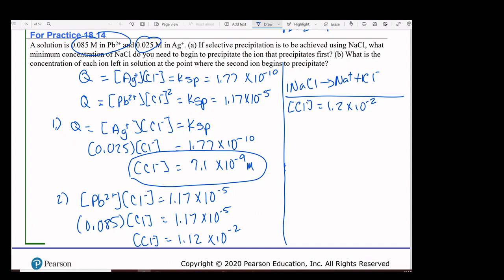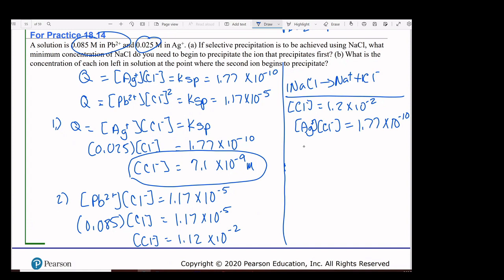So if we plug in the chloride concentration where the lead chloride begins to precipitate, we get the silver at that point equal to, well, let's go ahead and write the whole thing out. The silver times the chloride is equal to the KSP, which is 1.77 times 10 to minus 10.